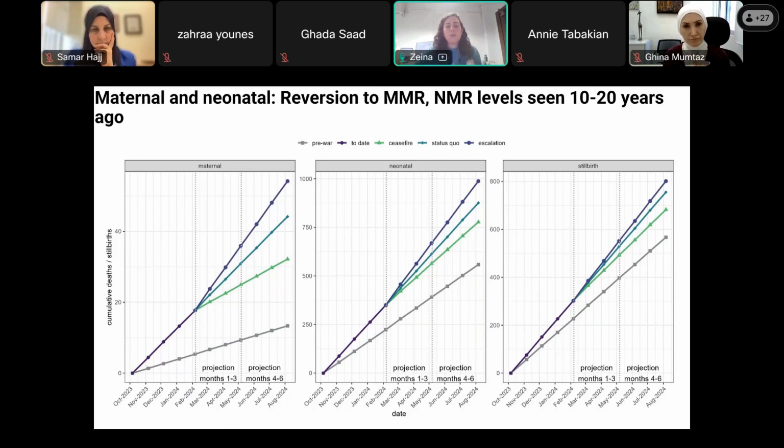If we compare to numbers from 1995, this is what we find in Gaza. And so this is a reversion of the healthcare system. The big mortality comes also from neonatal, because they're premature kids and they have very high risks, especially if they're not having access to NICUs.